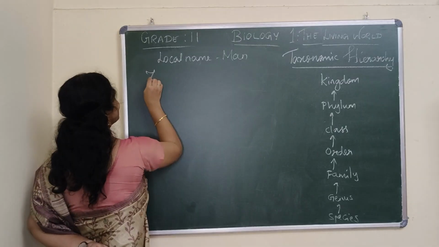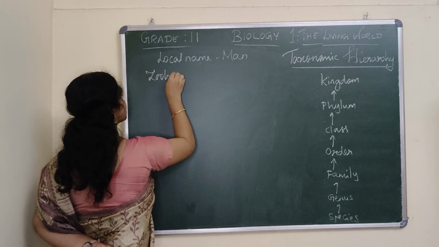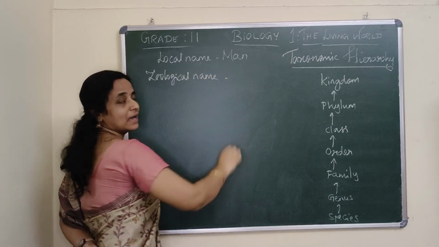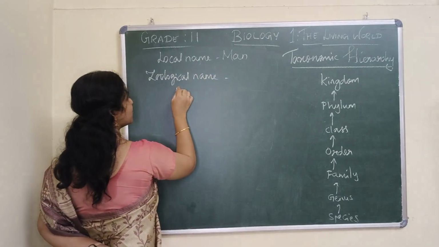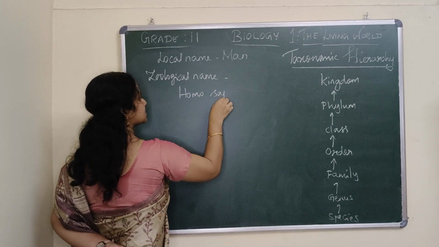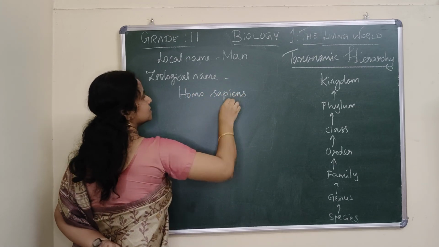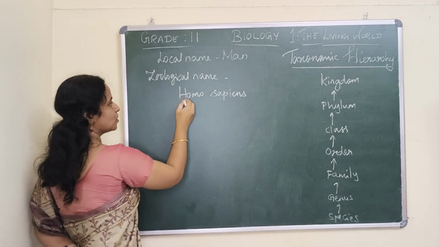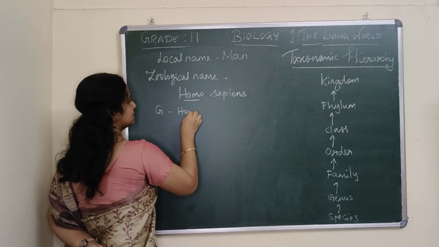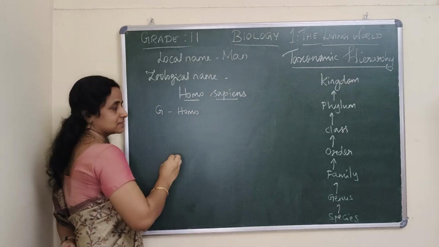You say it as zoological name. Why zoological? Since we come under animals. What is the zoological name of human? Homo sapiens. When you write Homo sapiens, Homo is the genus and sapiens is the species.